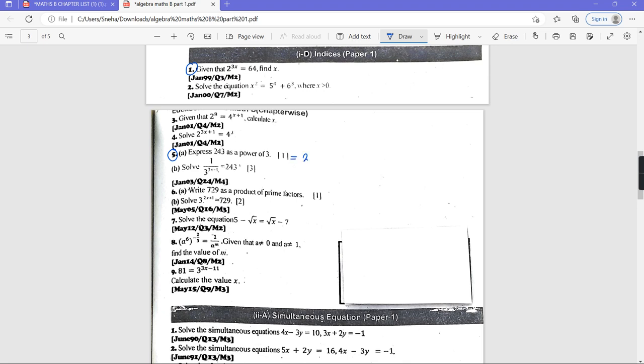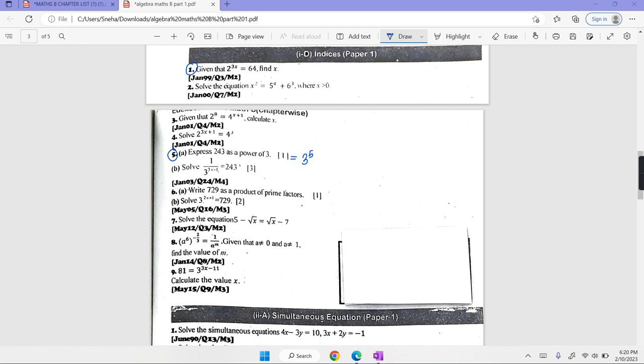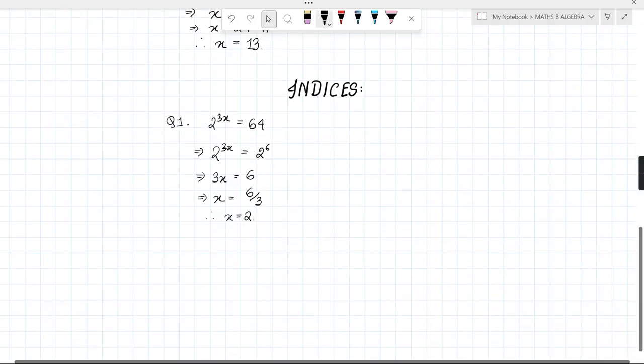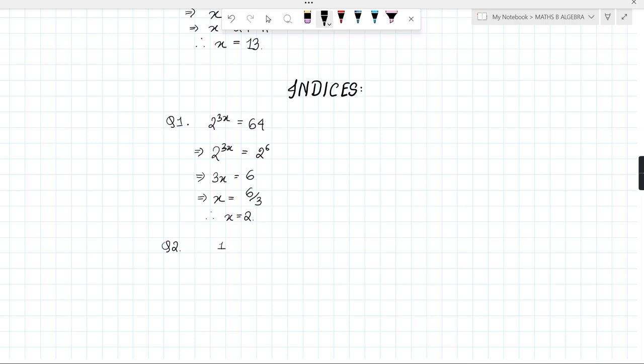If you move to part B, there is another question given. I'm just using it as question 2 for our PDF. So 1 over 3 with a power of 3x minus 1 is equal to 243 with a power of x.